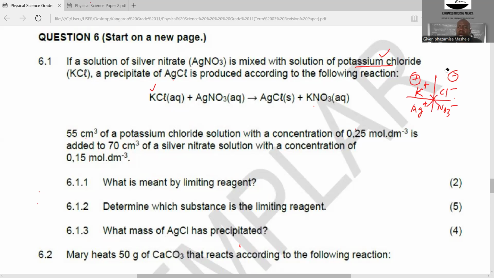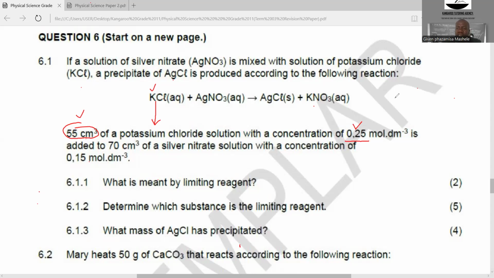Then from here, we can just go through the question. It says 55 centimeter cubed. This is the volume of potassium chloride with a concentration of 0.25 mole per decimeter cubed.